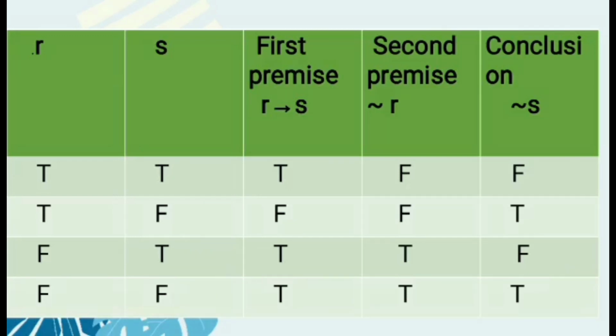The rows where both premises are true are row 3 and row 4. If the conclusion is true in every row of the truth table in which all the premises are true, the argument is valid. But if the conclusion is false in any row in which all the premises are true, the argument is invalid.